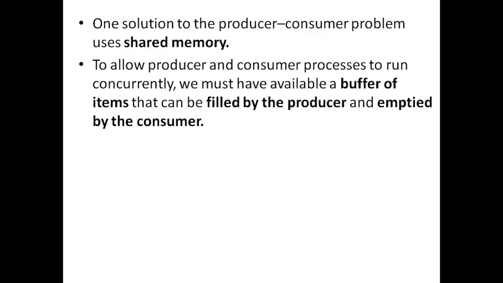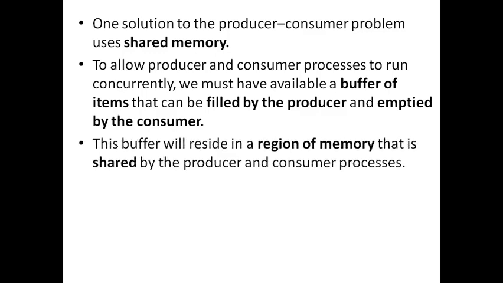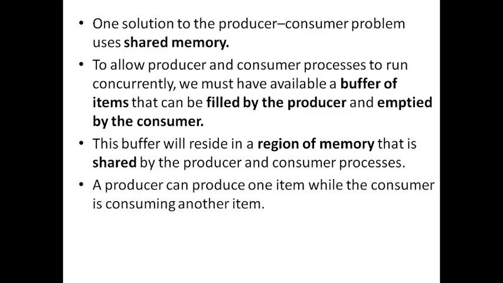One solution to the producer-consumer problem is with the help of shared memory, but we can also implement the solution using message passing. To allow a producer and consumer process to run concurrently, we must have available a buffer of items that can be produced by the producer and emptied by the consumer. This buffer will reside in a region of memory that is shared by producer and consumer. So we are going for the shared memory.